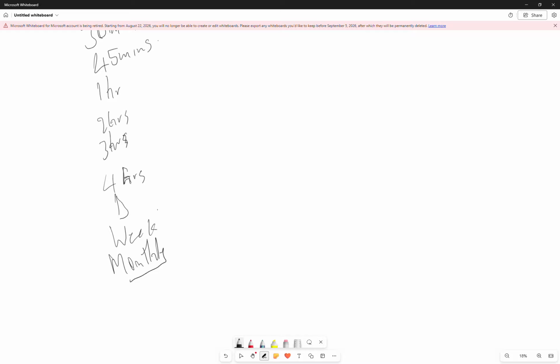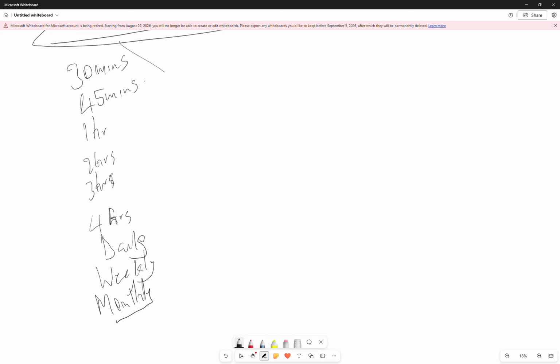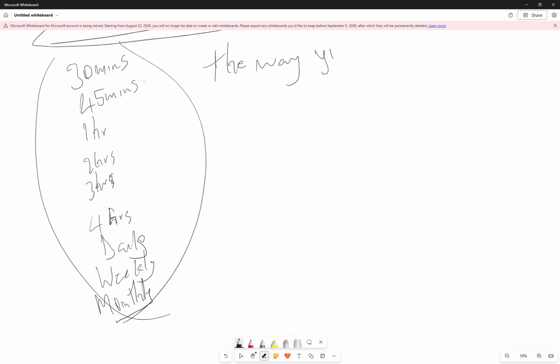These time frames are all you need to change the way you see the market. These are the time frames you need.